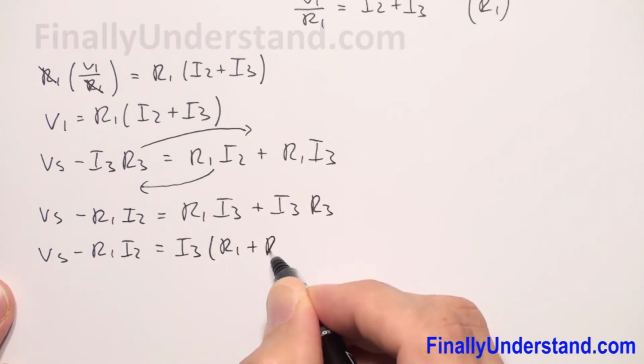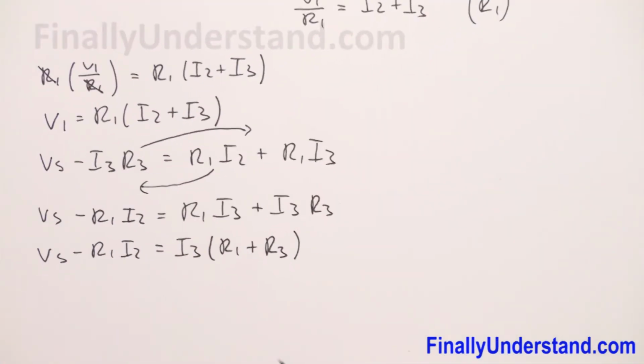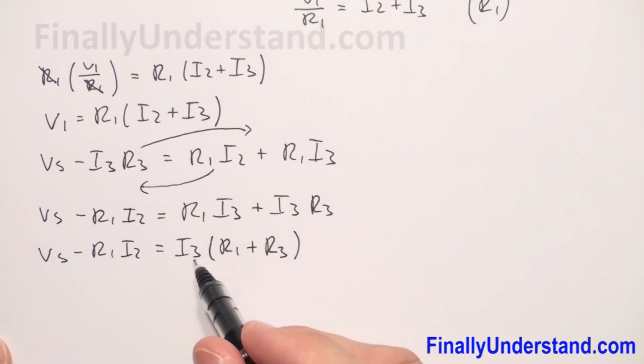(R1 plus R3). Please notice that at this time we have an equation with only one unknown, because we know the voltage source, we know R1, we know I2, and we know R3. So we can solve this equation for I3.